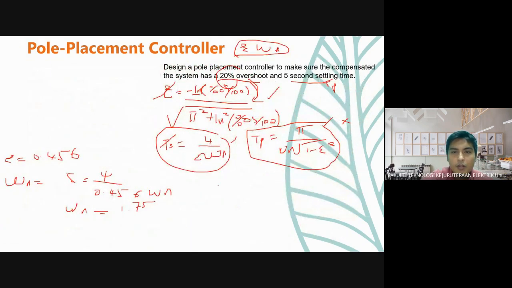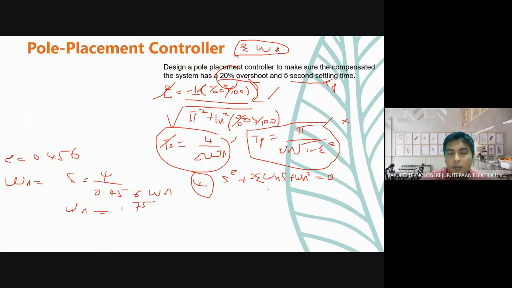So now we go to step number 4. You need to replace all the values into s square plus 2 zeta omega n s plus omega n square equal to 0.